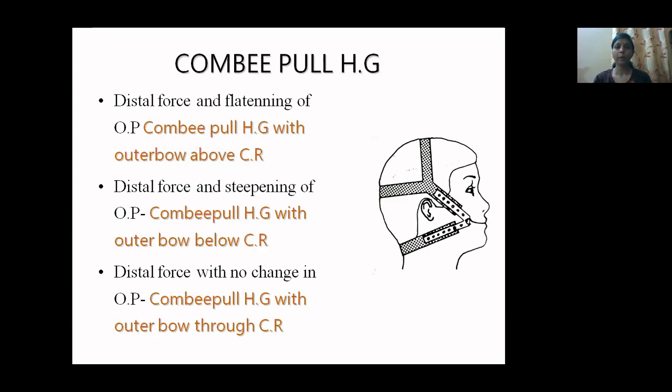Headgear with outer bow below the center of resistance will create distal force and steepening of the occlusal plane, whereas combi pull headgear with outer bow through the center of resistance will create distal force with no change in occlusal plane. There will be no movement in the clockwise or counterclockwise direction. Only the backward movement of the maxilla will occur with this type of combination.